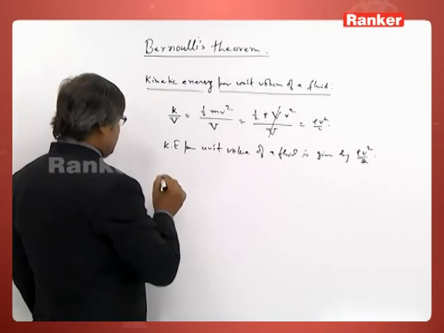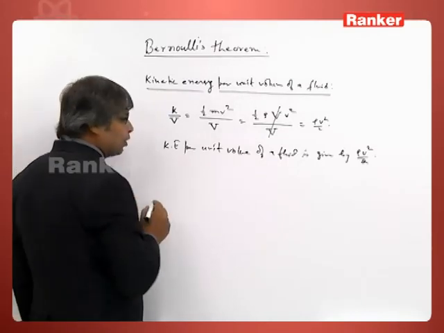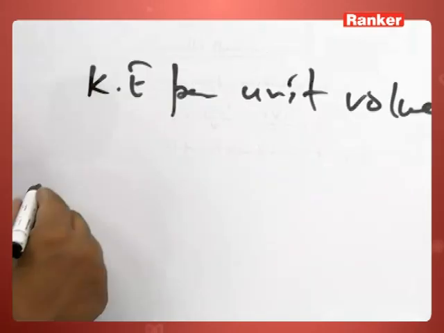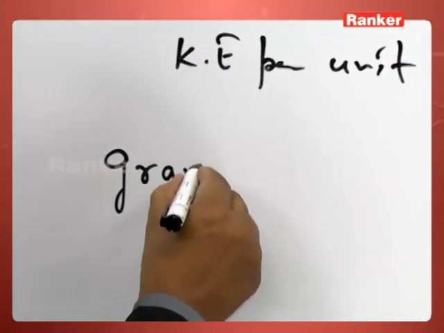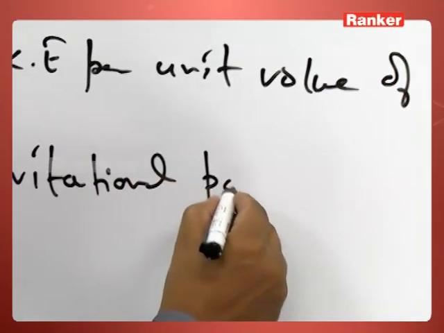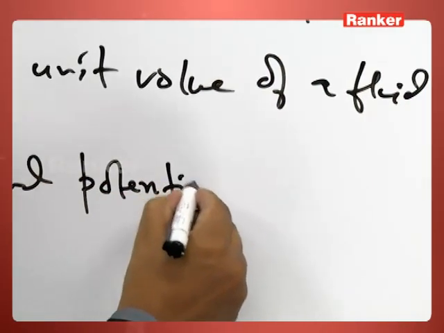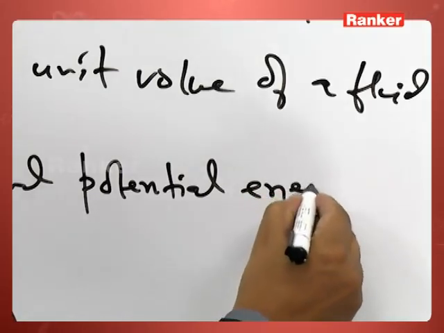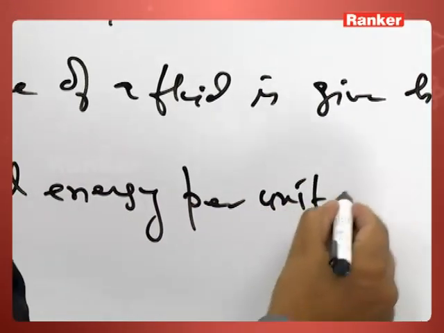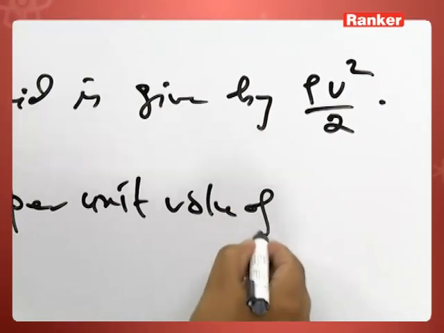Now let us calculate the gravitational potential energy per unit volume of a fluid.